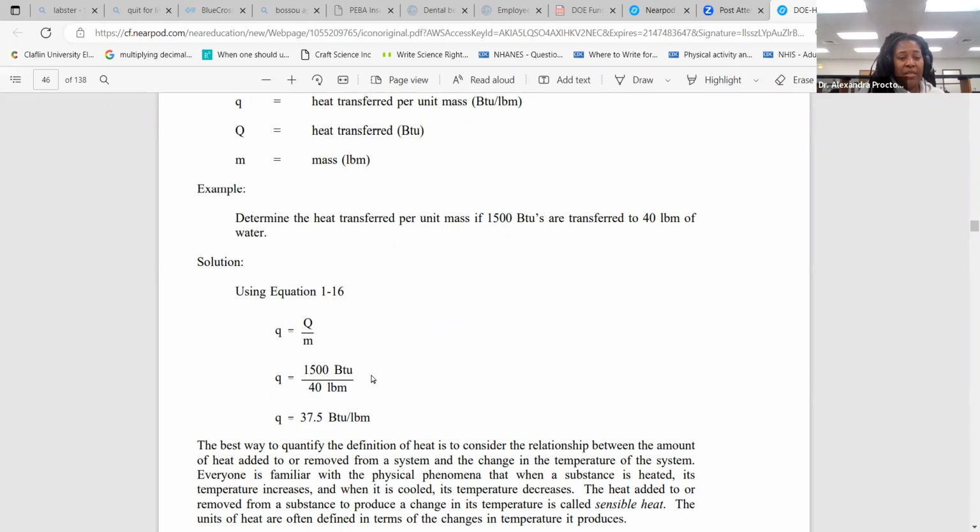So 1,500 BTU divided by 40 is 37.5 BTU per pound mass.